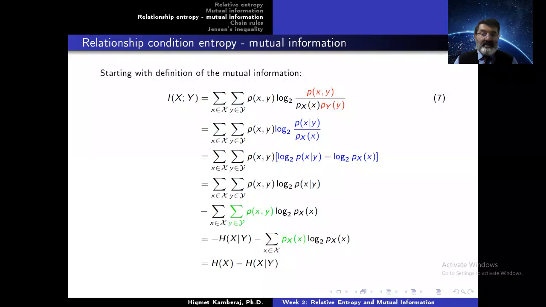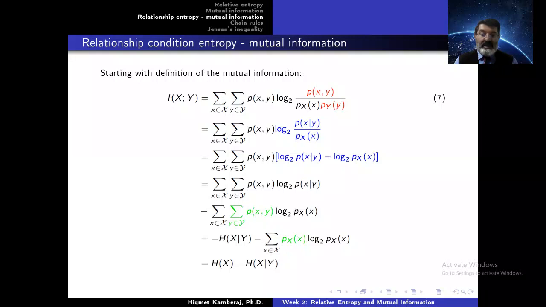Now I write the third line as two sums. The first is a double sum of x over chi and y over epsilon, P(x,y) log base 2 of P(x|y), and minus the double sum over x in chi and y in epsilon, P(x,y) log base 2 of P(x).